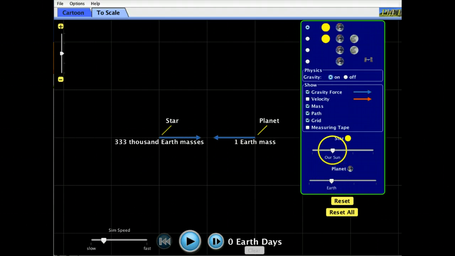So what if we make the sun larger and the Earth smaller? So let's make Earth half its current mass, and we're going to increase the sun by about 50%. Let's see what happens.